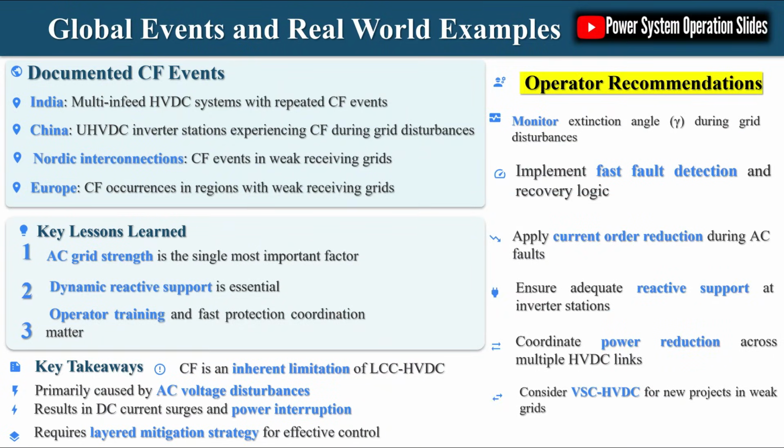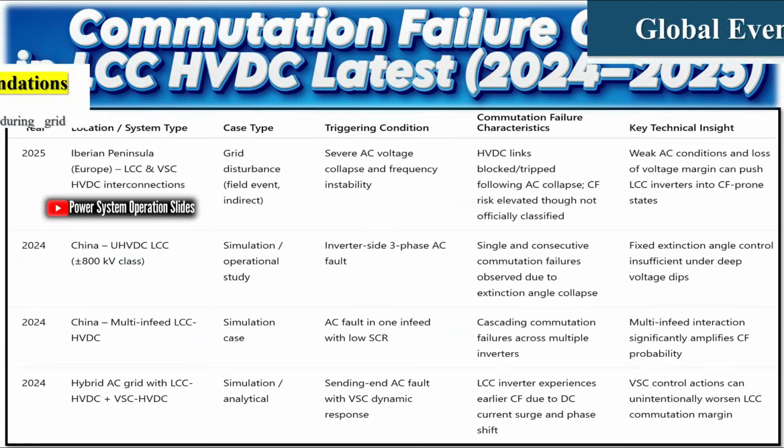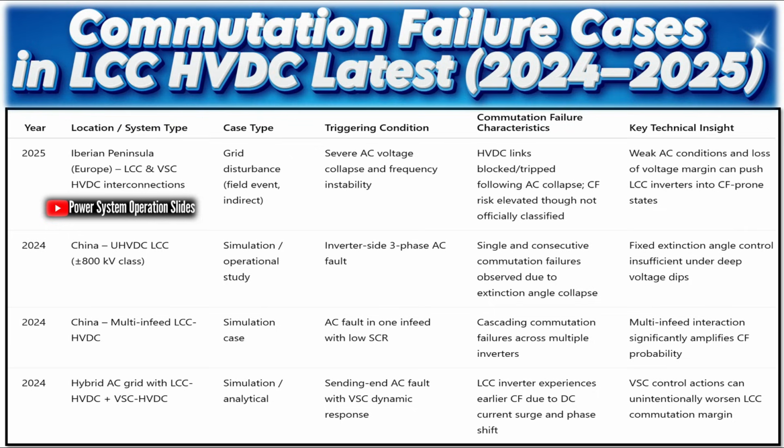Constant extinction angle, CEA, control dynamically adjusts the firing angle to preserve commutation margins during system disturbances. Complementary to this, fast current order reduction mechanisms like voltage-dependent current order limiter, VDCOL, automatically reduce DC current during low voltage conditions, preventing the extinction angle from falling below critical values.